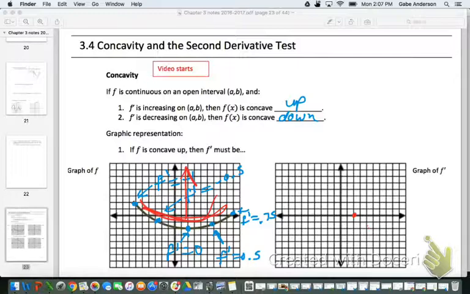Well, it was like -1, -0.5, something like that. So I'm going to say that f prime has to be below the x-axis. And then, as we noted, to the right of x equals 2, f prime goes to being positive. So maybe something like that. So using the graph of f prime this time, we can see the idea that f prime is increasing, and we can look back at the graph of f and see that that means that f is concave up.